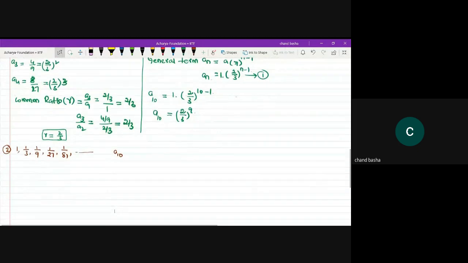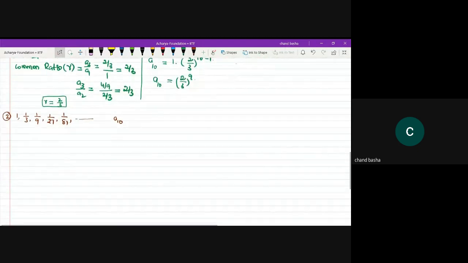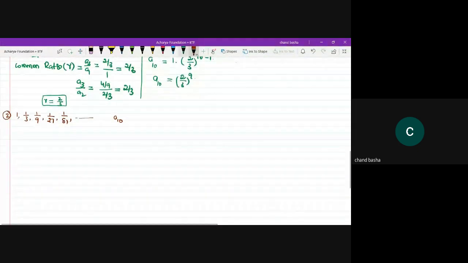You can find out the first term A1 as 1 and the second term as he has given. A1 is equal to 1. That is the first term. A2 is equal to 1 divided by 3 and A3 is equal to 1 divided by 9. A4 is equal to 1 divided by 27 and so on. And I am finding the common ratio.